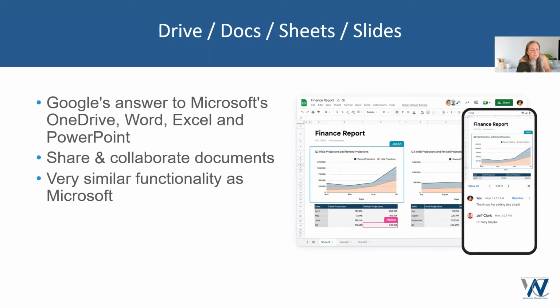And Docs, Sheets, and Slides have very similar function to Microsoft. I think I have found a couple things within Sheets, for instance, that I was able to do in Excel, but I couldn't do in Sheets, but they're usually much more sophisticated formulas and things like that.